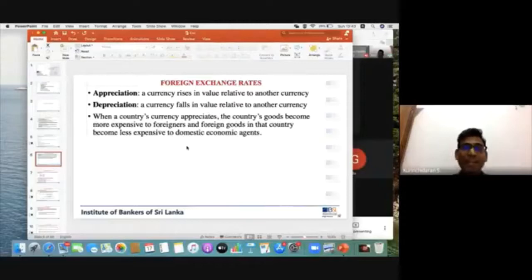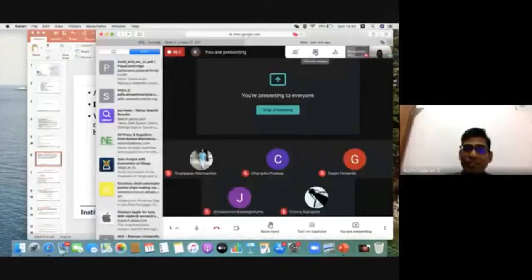Similarly, earlier I paid 200 rupees in Sri Lanka to buy $1 worth of goods, but now I can pay 150 to buy the same goods. So for local people, it's now less expensive because of the appreciation. Clear? If you have any doubt, you can send me a message. I think all okay.